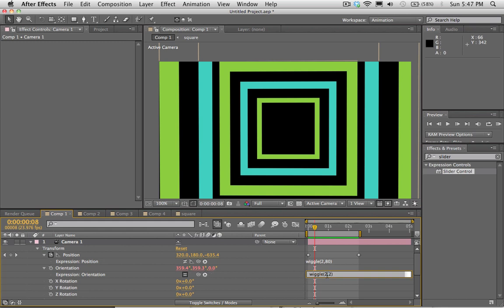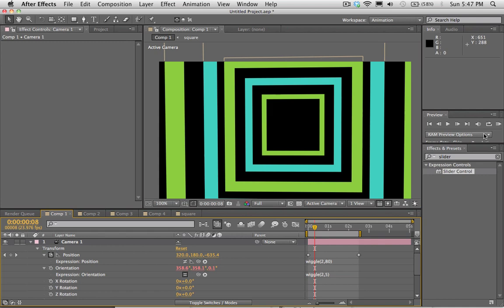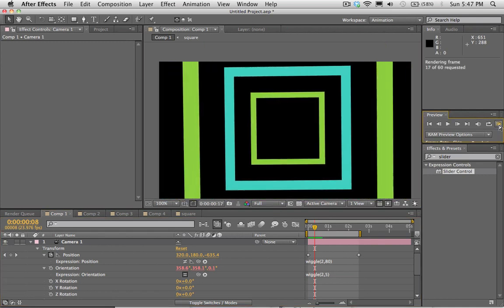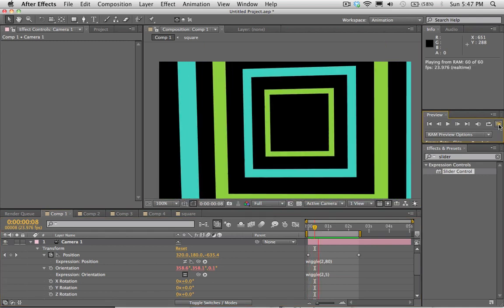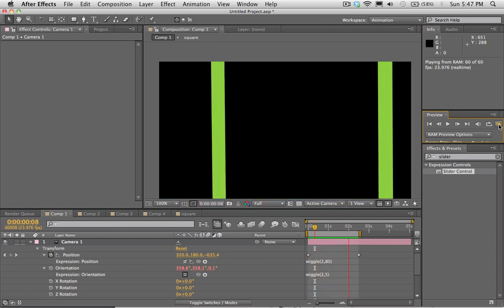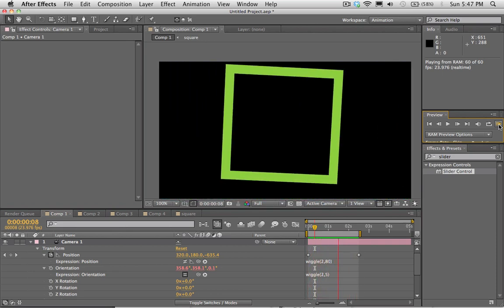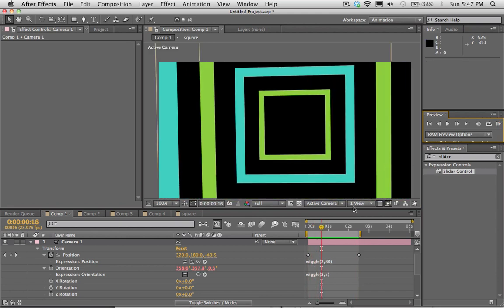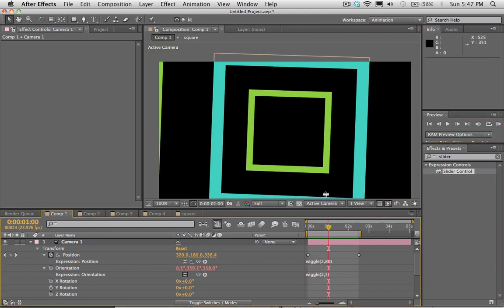I can make it wiggle, why don't we make it wiggle like 5 degrees? This is probably going to be too much, but just to show you what's happening with this. Whoa there. This looks like the Blair Witch Project or something. So you can see now the degree to which it's rotating is a little bit more intense.